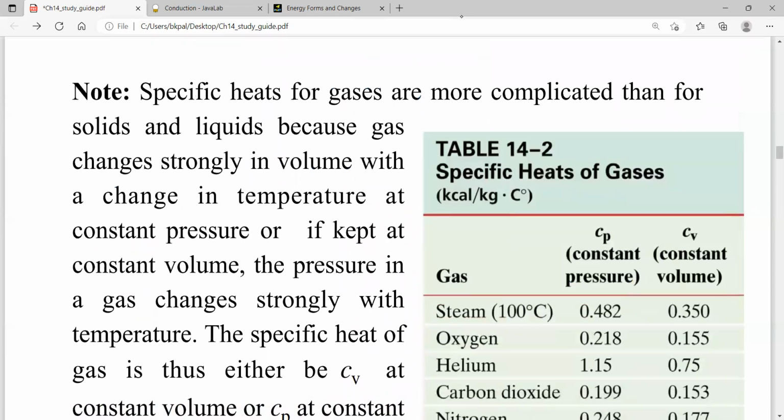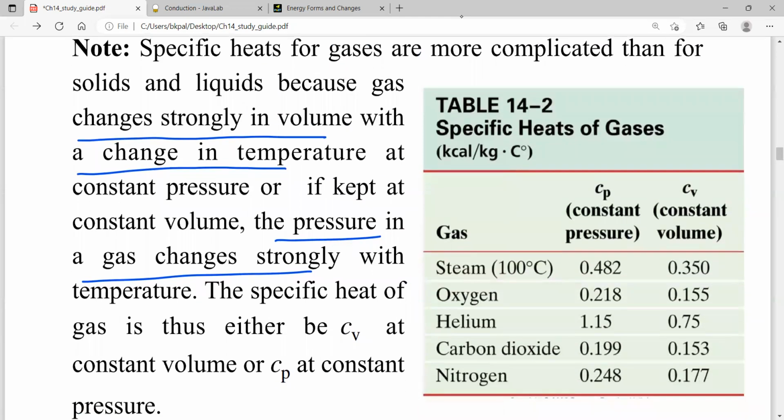Because gas volume changes strongly with temperature, or gas pressure changes strongly with temperature. Because of that we have two types of specific heat for gas. One is the specific heat at constant pressure, another is specific heat at constant volume. For example, in this table it shows two different columns for two different types of specific heat. The first one is at constant pressure and the second one is at constant volume.